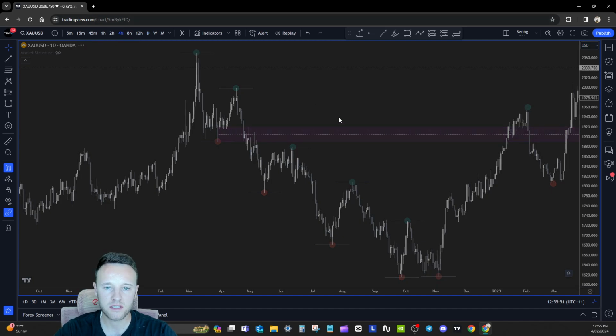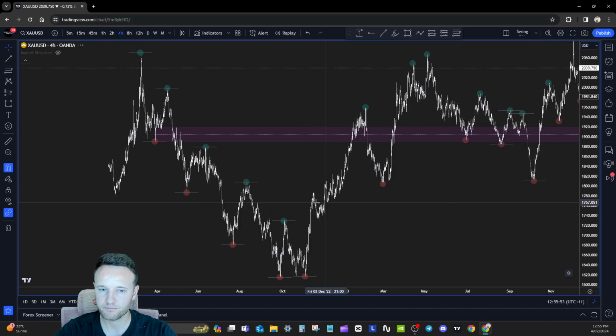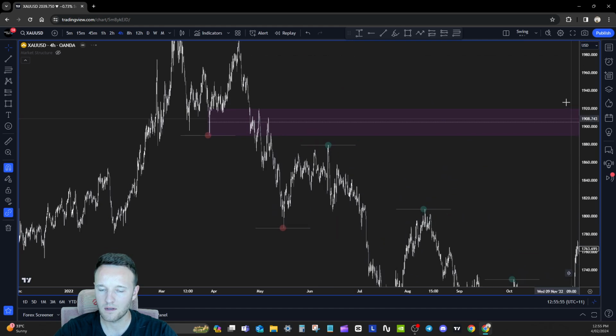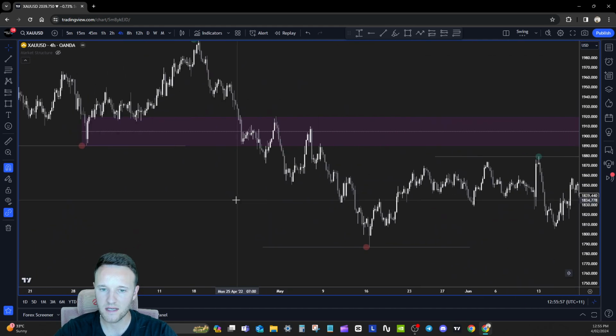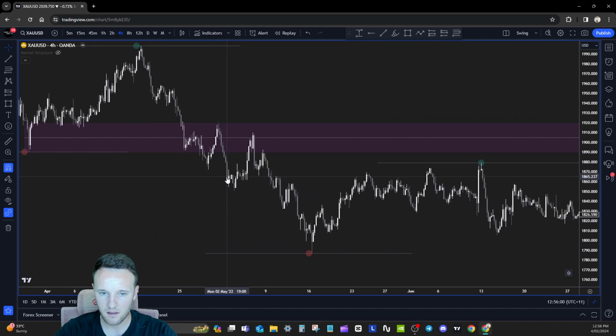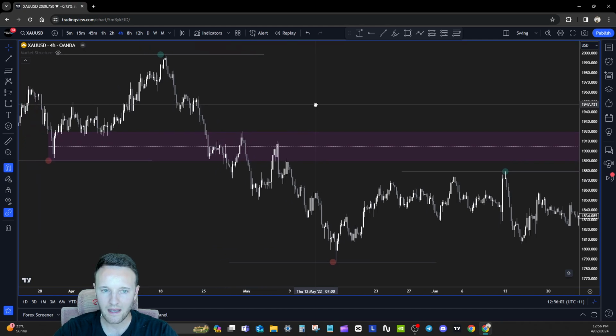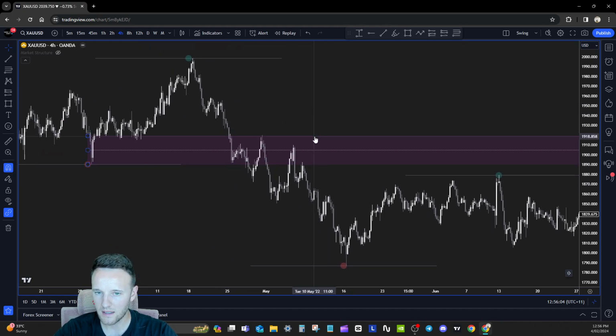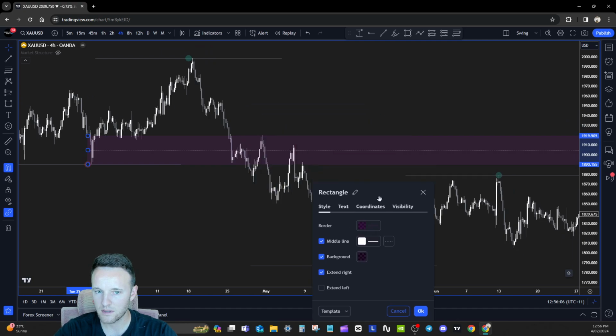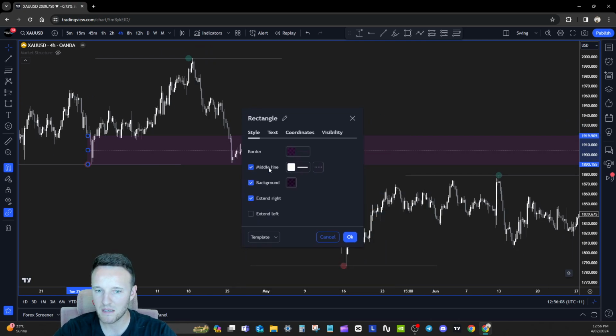What you can wait for is you can go down to the 4-hour time frame and have a look at the retest. So here we get a clean break and retest. And what I have on my rectangle, my support and resistance levels, is the midline.